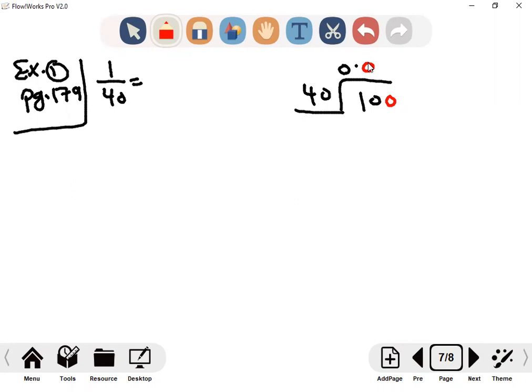100 divided by 40, it is 2. 2 by 40, 80. There are some mistakes students make. Some of them write the 40 like this. This is 100, right?